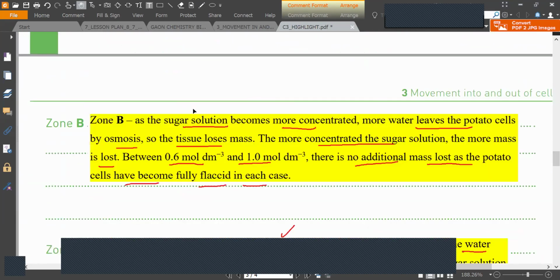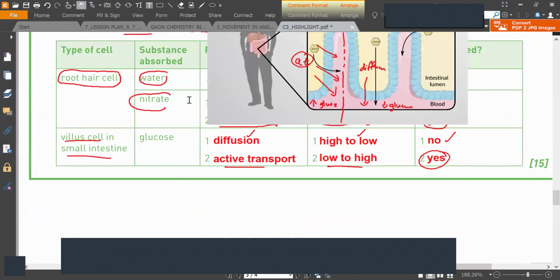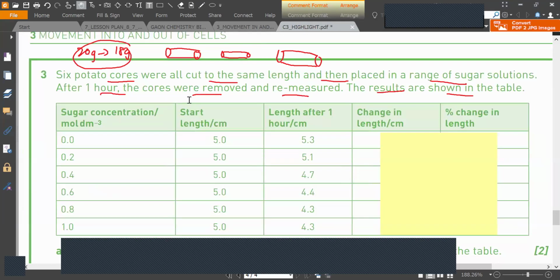For this question, I would like you to practice calculating the change in length and the percentage change. You can try to finish the calculation and then we will discuss when you are ready. Remember how to do the calculation.